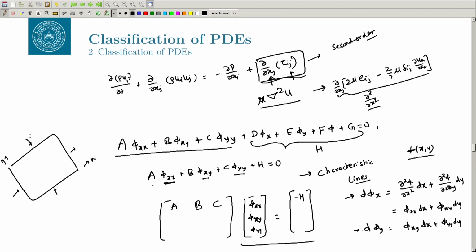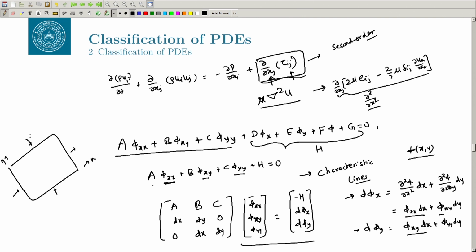If you use that, this is phi_xx, this will become dx, phi_xy, this will become dy, this will become 0, and this is your d phi_x. Similarly, this is 0, this is phi_xy, that will become dx, and this will become dy, which gives d phi_y.